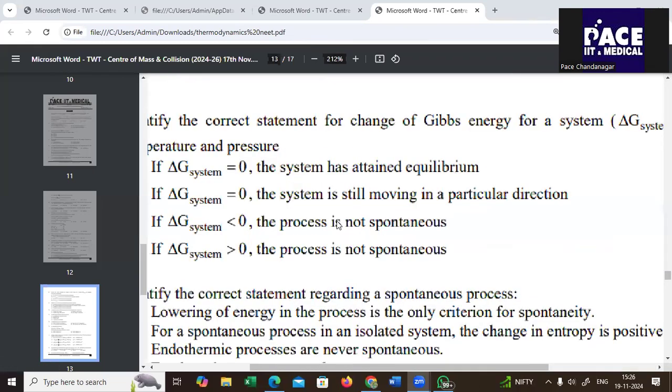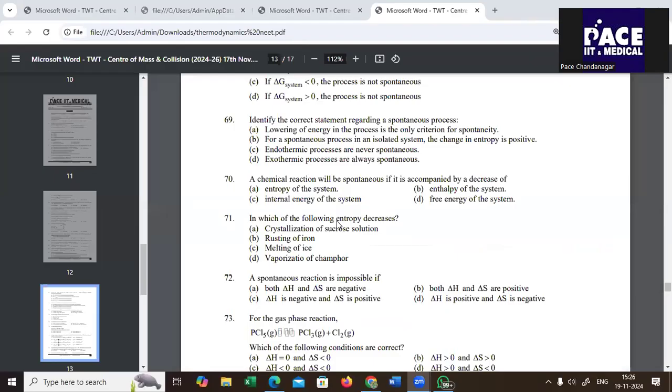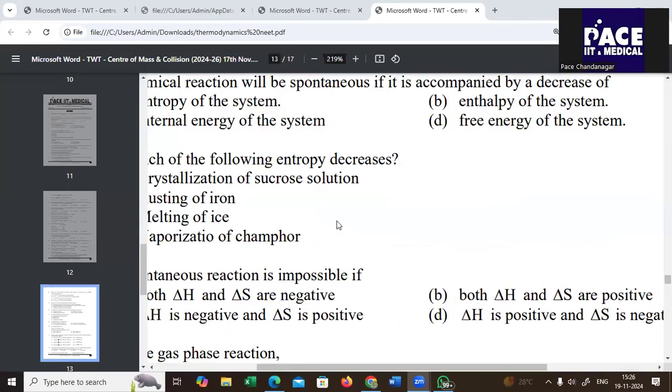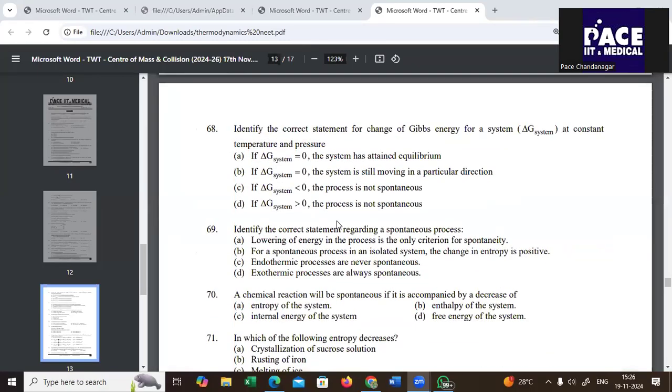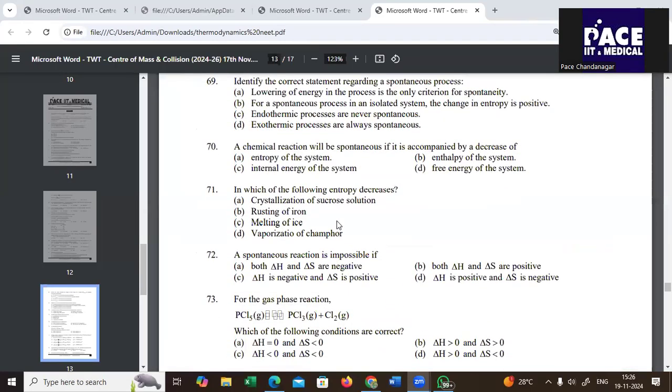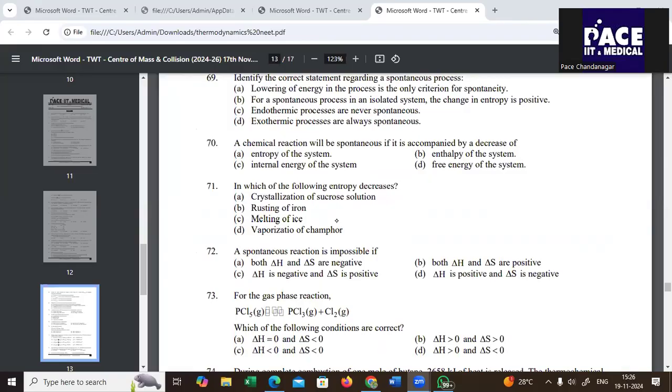Okay. Next, moving on with the next question. 68 done, now 69. Identify the correct statement regarding the spontaneity. Lowering of energy in the process is the only criterion for spontaneity. No, why no? Delta G we know the formula: delta G is equal to delta H minus T delta S. Lowering of energy in the process, which means delta H negative, is the only criterion for the spontaneity?